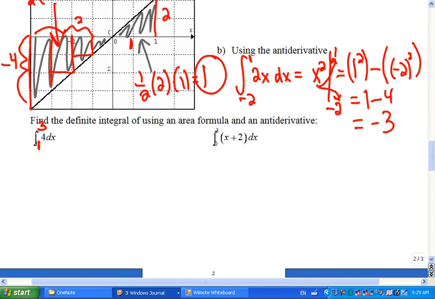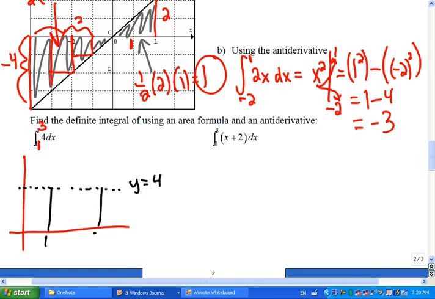So first of all, this is asking us for the antiderivative of 4. So let me show you what that would look like. And we're looking at it from 1 to 3. So what's the area going to be?